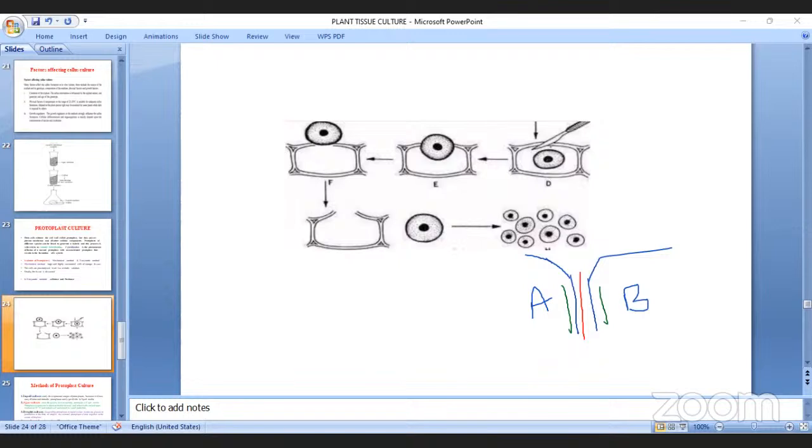This is primary and this is primary. But the middle layer connection acts as a cement. This is the middle layer, right? So mainly the middle layer.